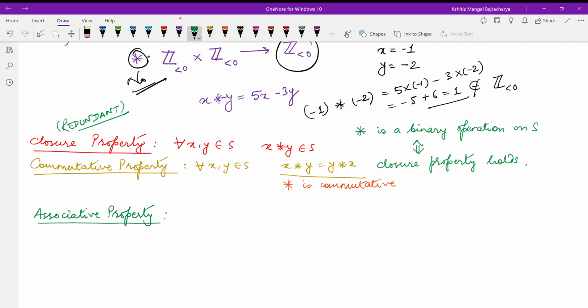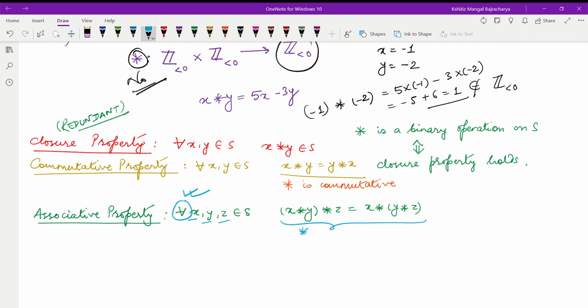If for every x, y, z in S, we have (x star y) star z equal to x star (y star z), then under this condition, not for just a couple of values of x, y, and z, but for every possible value, we say that star is an associative binary operation. We take x, y, and z independently, as per the technique of using this quantifier.